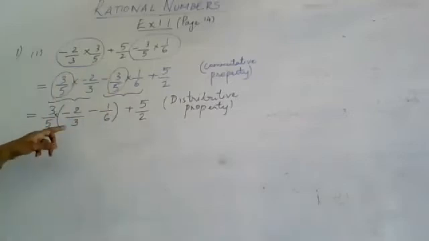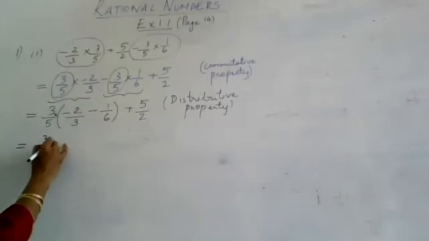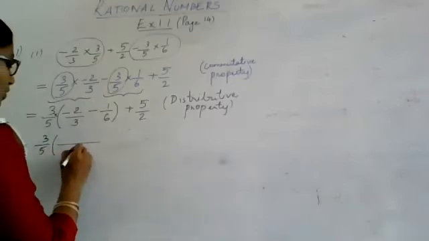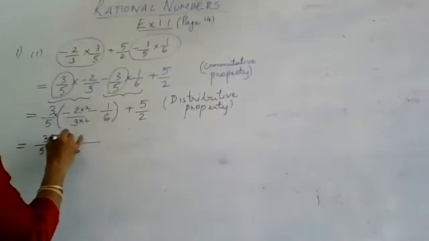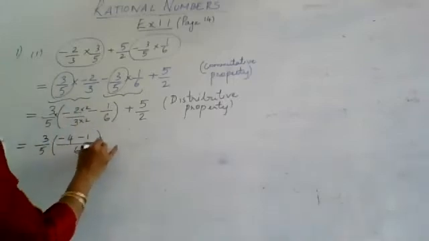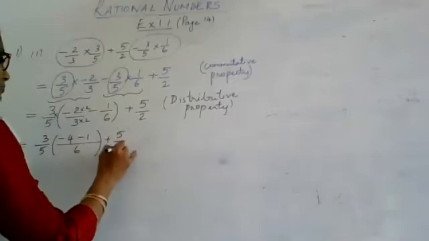So 3 by 5 multiplied with negative 2 by 3, and again 3 by 5 multiplied with negative 1 by 6. So this I can simplify now, because for 3 and 6, the common denominator is 6. I multiply this with 2, it will become negative 4 and negative 1 plus 5 by 2.